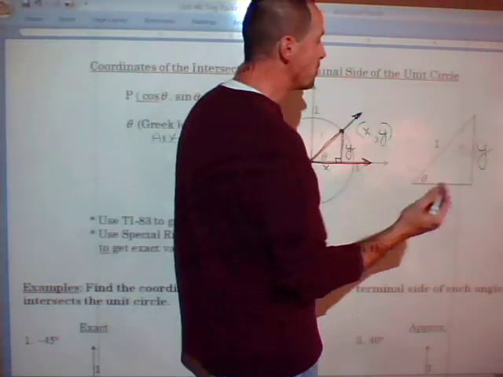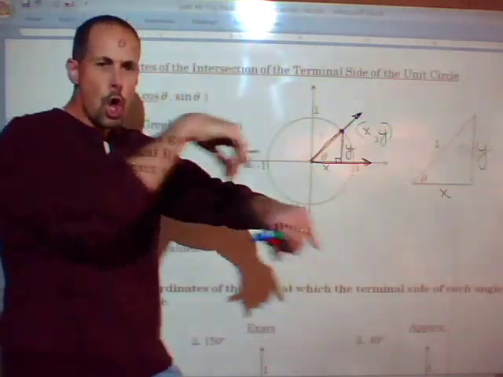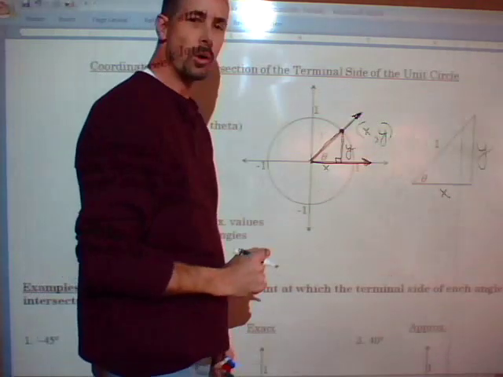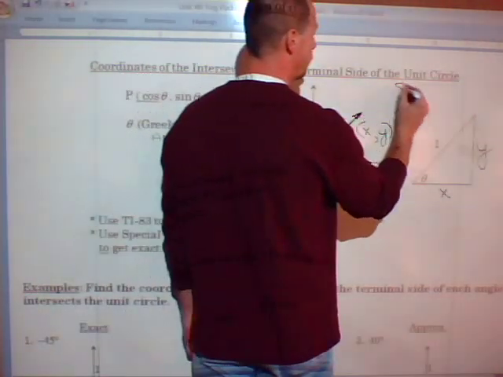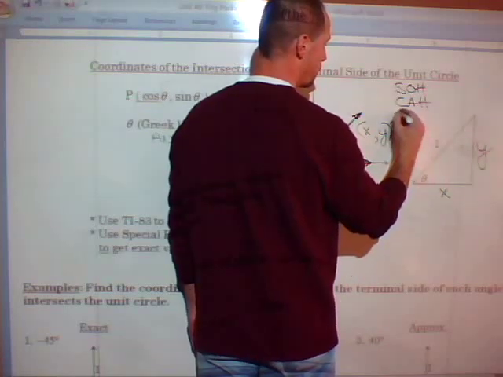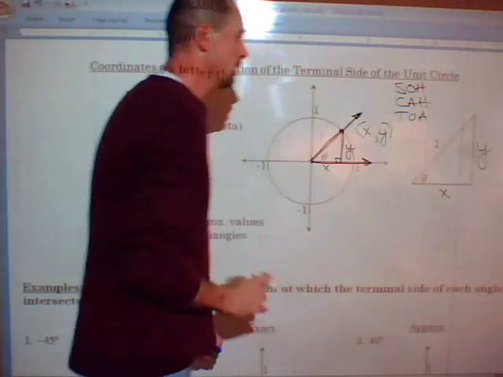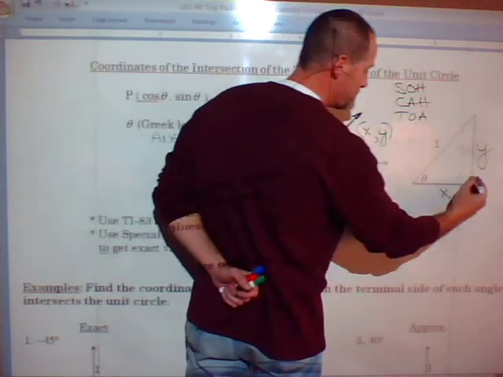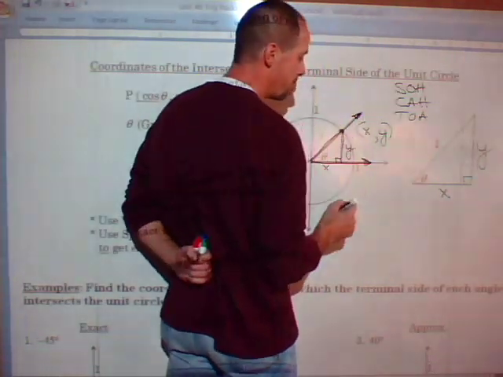And now let's use SOHCAHTOA. Okay, let's use SOHCAHTOA to find out what these sides are equal to. Okay? So let's find x first. Here's our angle measurement. Here's our 90-degree angle. So we know this is the hypotenuse.